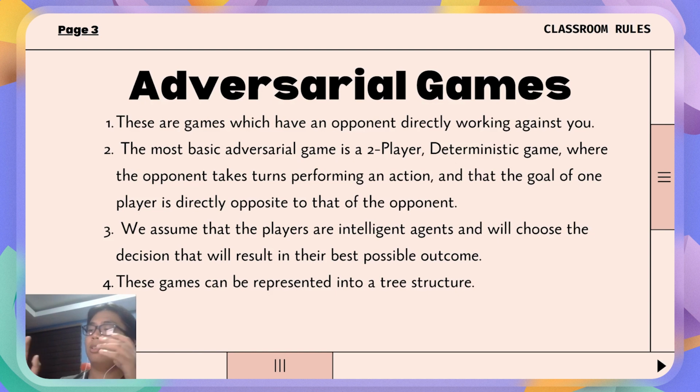So think of it, in a game you want to win. So we assume that the players will always choose the best thing that will allow them to win. And these games can be represented in a tree structure.